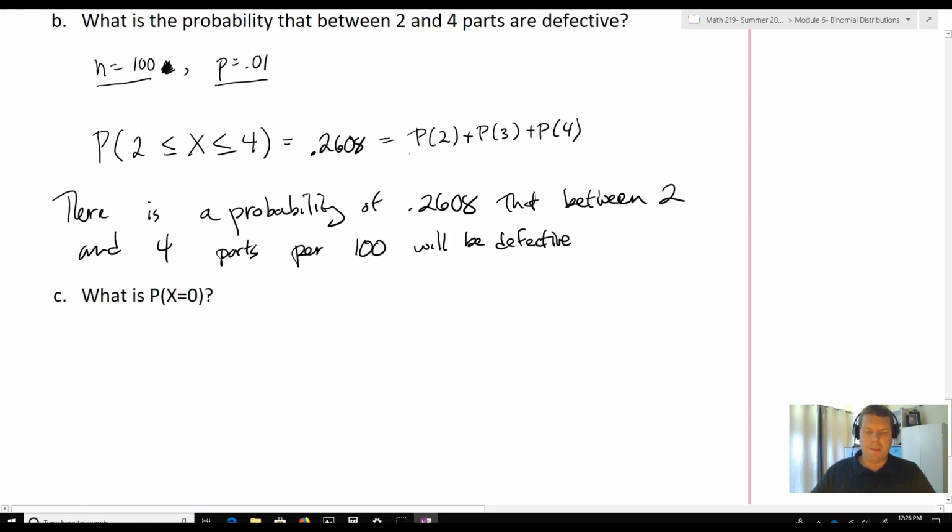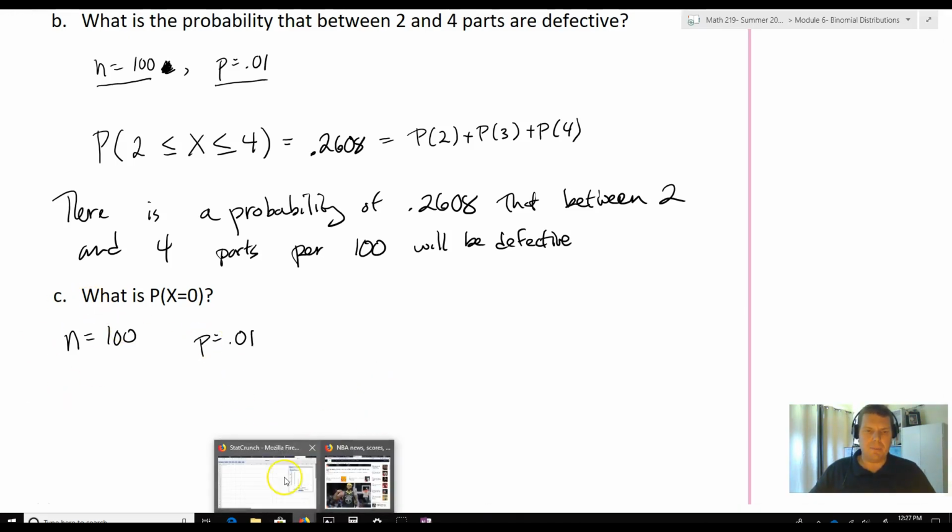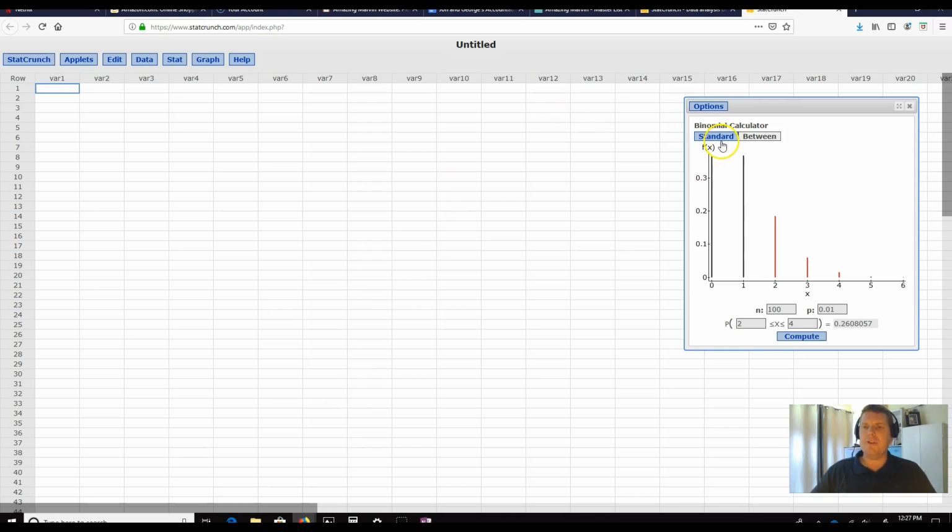Now, what about the probability that x equals 0? In this case, n hasn't changed, so n is still 100, and p is equal to 0.01. This is the idea that in a batch of 100, exactly 0 will be defective. So I go back to StatCrunch, and this time I use my standard calculator and set it equal to 0.